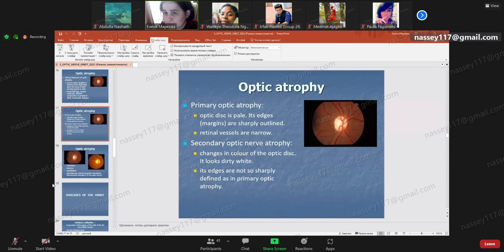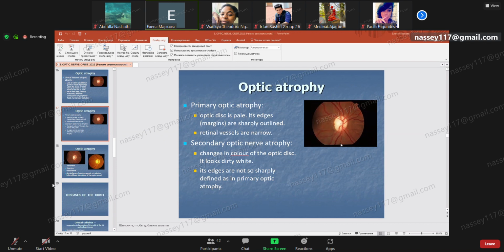Primary optic atrophy. Look here, what are the main signs of primary optic atrophy? The main signs can be visible on the retina with the use of ophthalmoscopic investigation. In this situation, the optic nerve disc is pale, its edges or margins are sharply outlined, and retinal vessels are narrow.